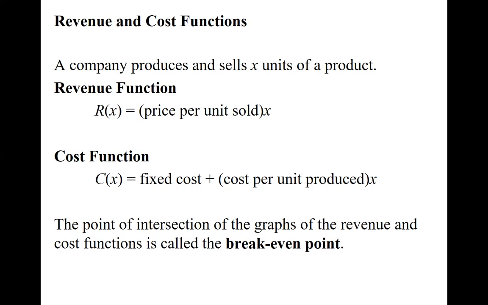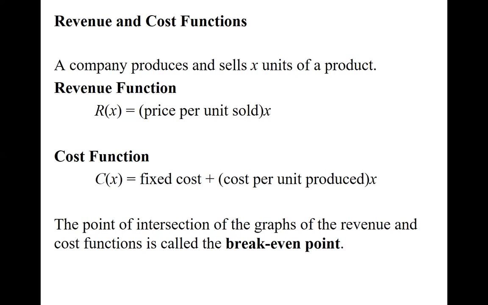The cost function C of x would be our fixed cost, what we'd pay no matter how many we sold or made, plus the cost per unit produced times how many is produced. So the revenue, how much you bring in, is the selling price times how many you sold.